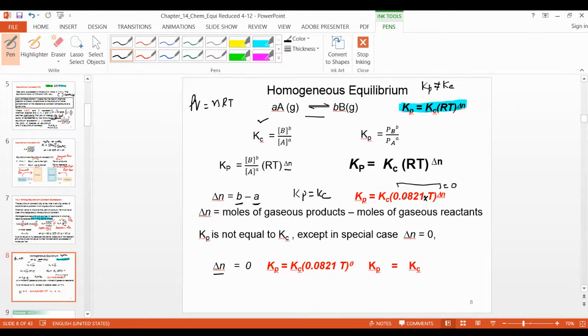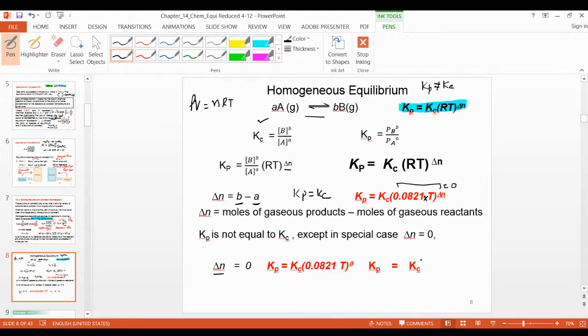Then it is to the power 0, so it becomes 1, not 0. This to the power 0 has become 1. So 1, you never write. Kp is equal to Kc.